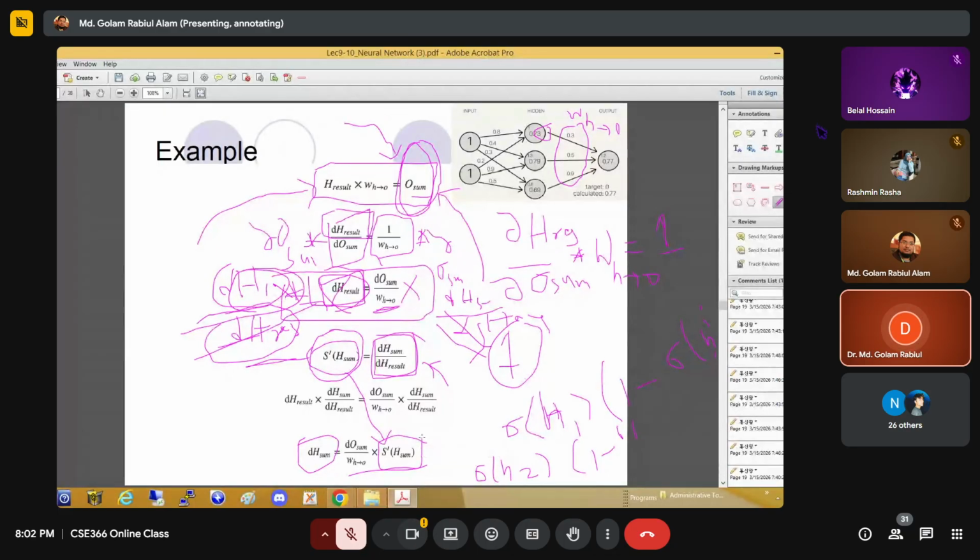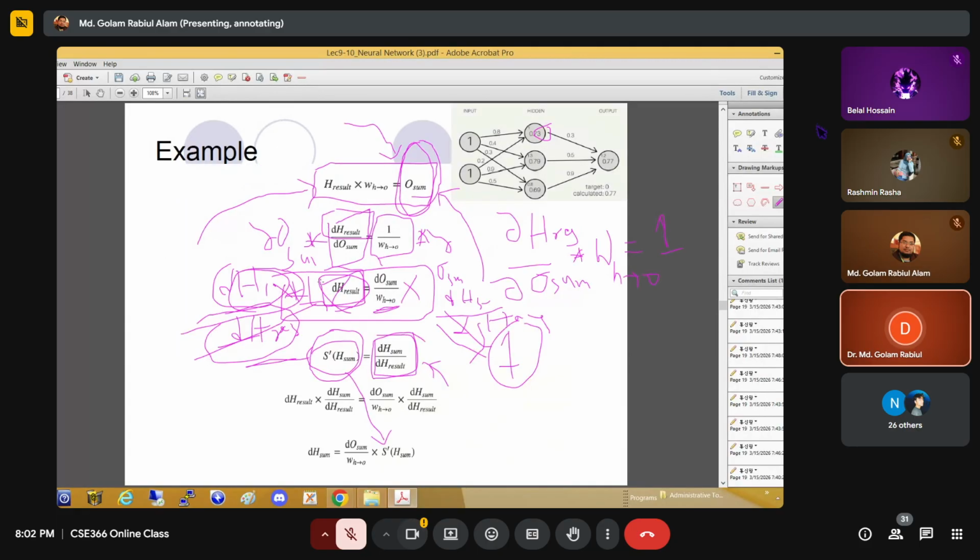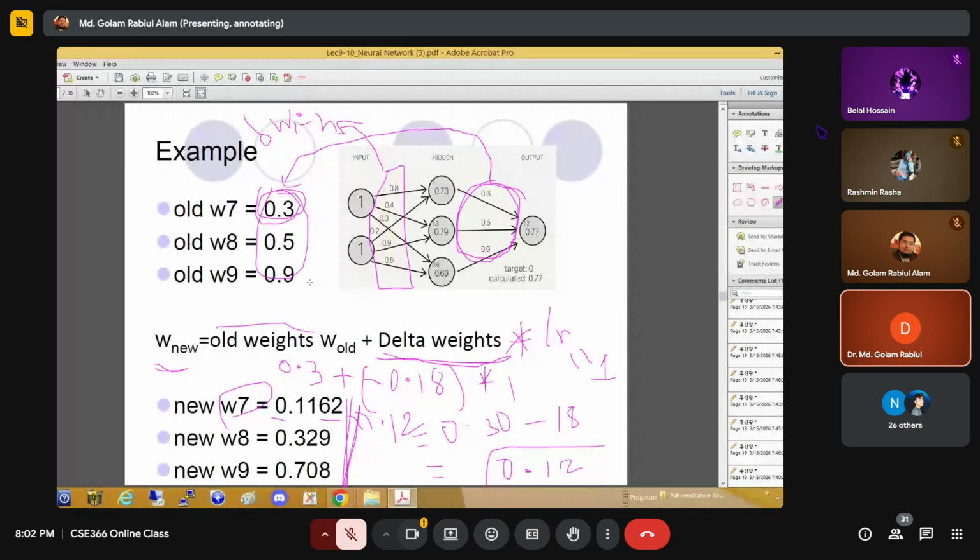Okay, so now we can see if we put those values in our equation. In our equation, delta hidden sum is delta output sum divided by hidden to output weights times derivative of sigmoid of hidden sum. We know that the delta output sum value is negative 0.1344. Previously we have computed this value.